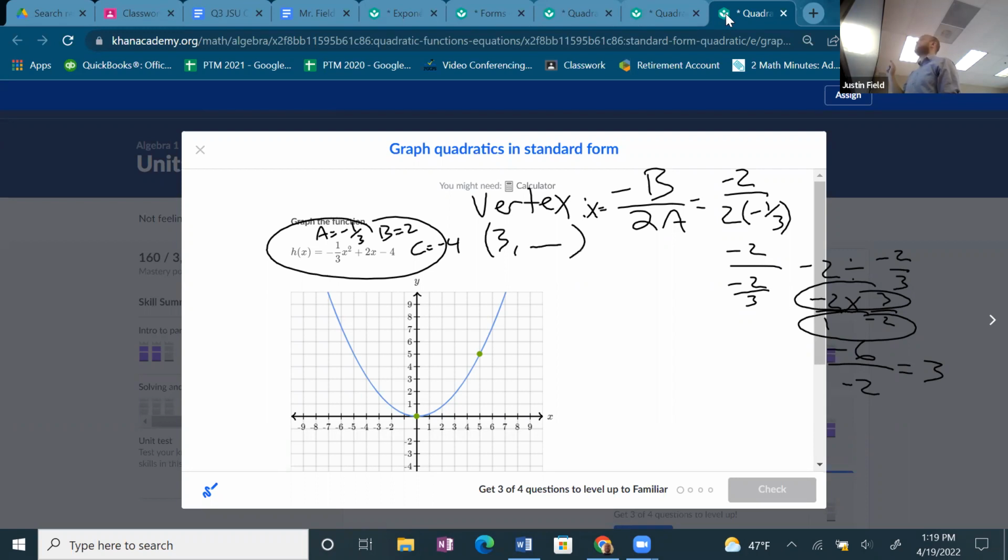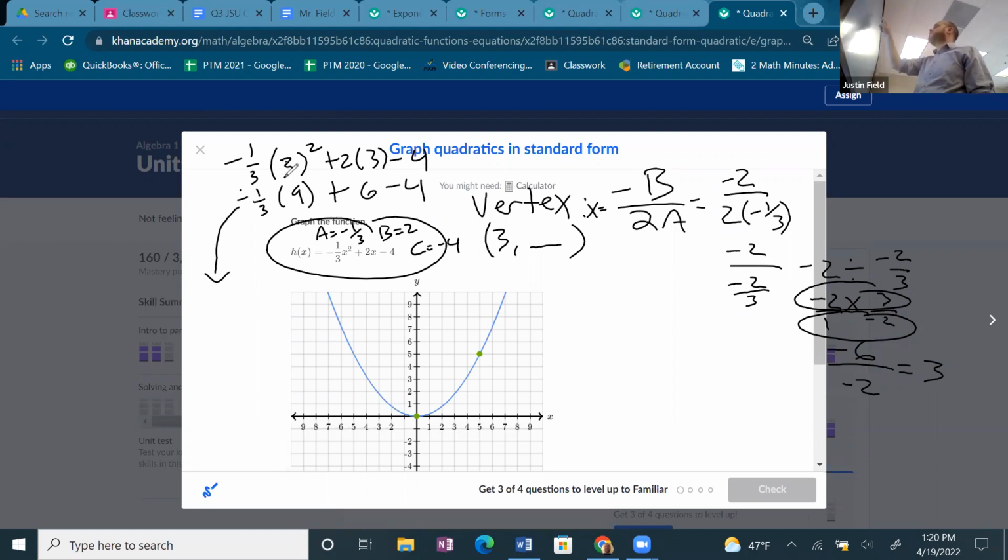How do we get the y coordinate of the vertex? We substitute. I am doing this by hand because I noticed some people need some brushing up on order of operations, and this is a great problem to do that. So we want to do the exponent before we multiply the 1/3 and the 3. That makes it negative 1/3 times 9 plus 6 minus 4.